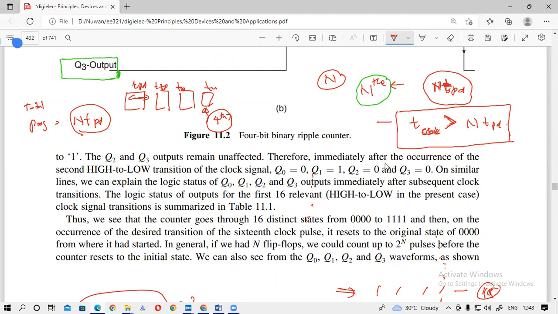This one you should understand and keep in your mind.